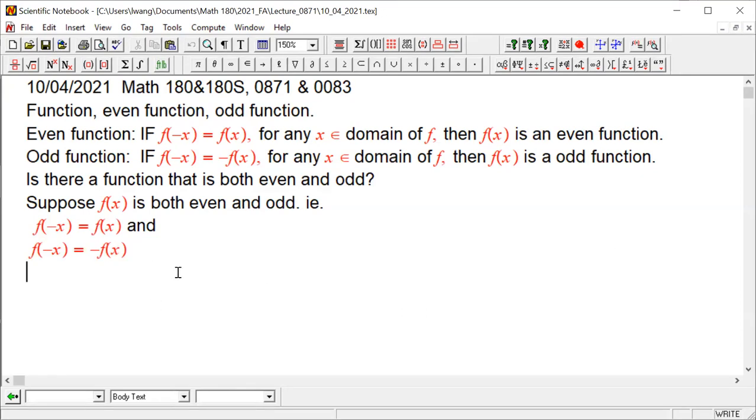Can we add these two on both sides? If I add the left with left, the right with right, what do I get? Of course, x must be in the domain of f.